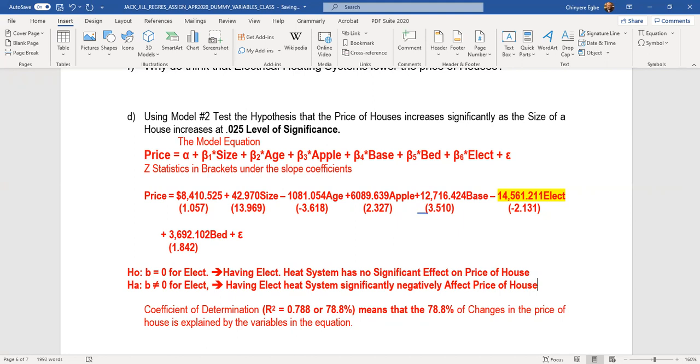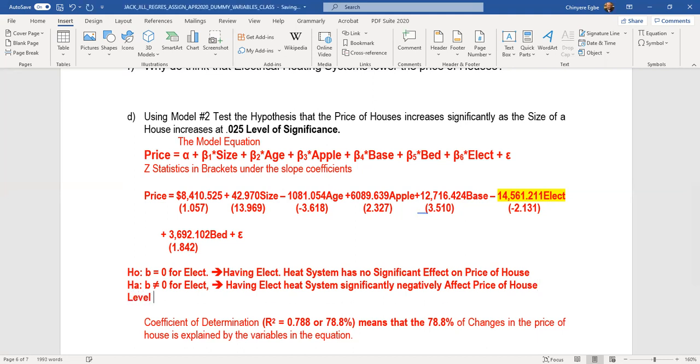All right. Now, we say significantly negatively affect because already we see the sign on the electrical system is negative, which means that if a house is heated with electrical systems, then it negatively impacts the price of the house. People have a lower preference for such houses, okay?